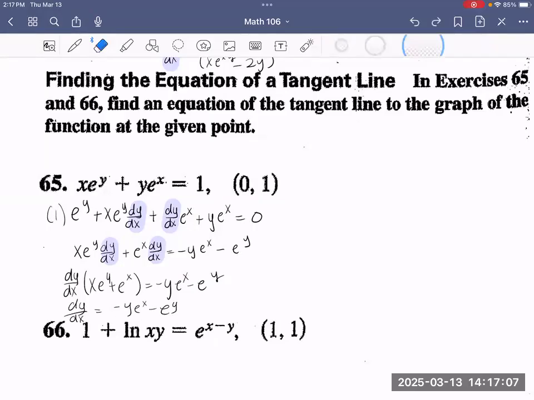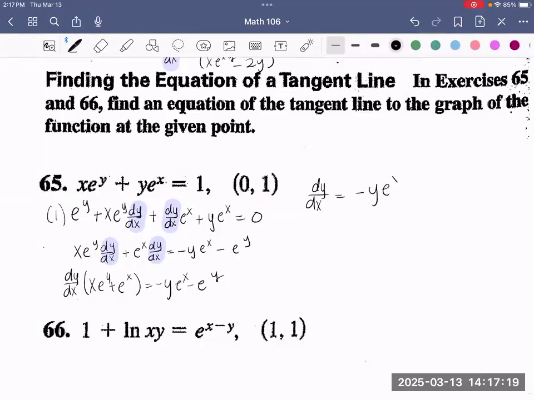I don't like how I am squishing everything because this part is actually important. So we have dy/dx is equal to negative y e to the x minus e to the y, all over x e to the y plus e to the x.